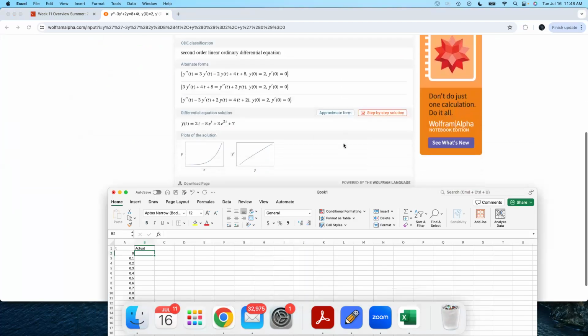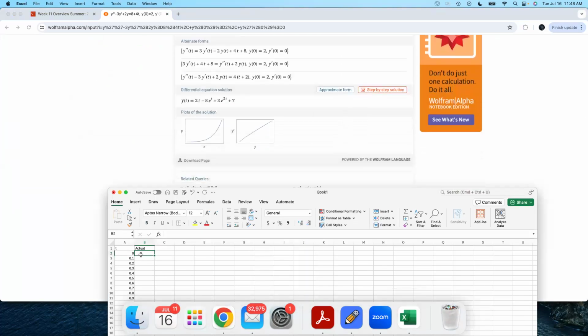So this should equal 2 times, you always need your times in here, my current time, minus 8 times, in order to do e raised to something, you do exp of that thing, of my current time, plus 3 times exp of 2 times my current time, plus 7.